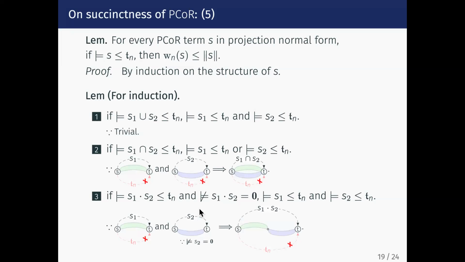So this assumption is used for constructing this model. So if this holds, then this holds. So we use this. Otherwise, this case is also shown in the same way as this case.